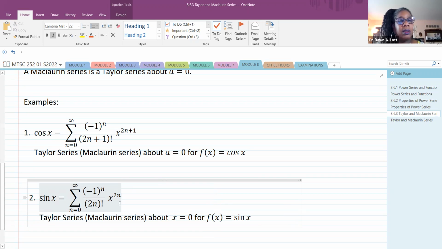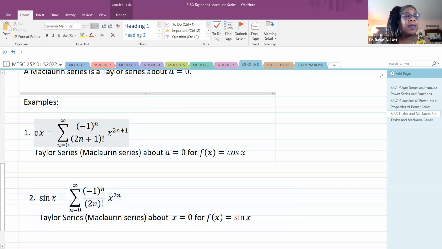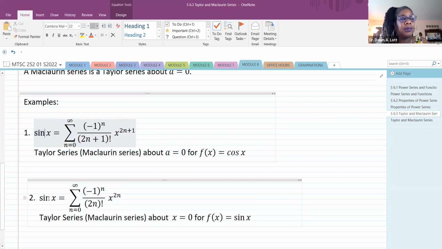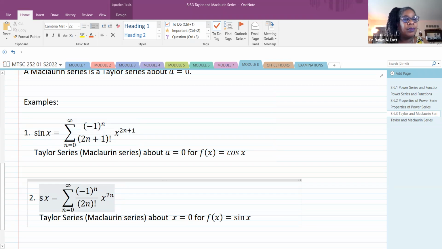When n is, now wait a minute. Why am I confused? The cosine of 0, these are backwards. These are backwards. Now they are correct.